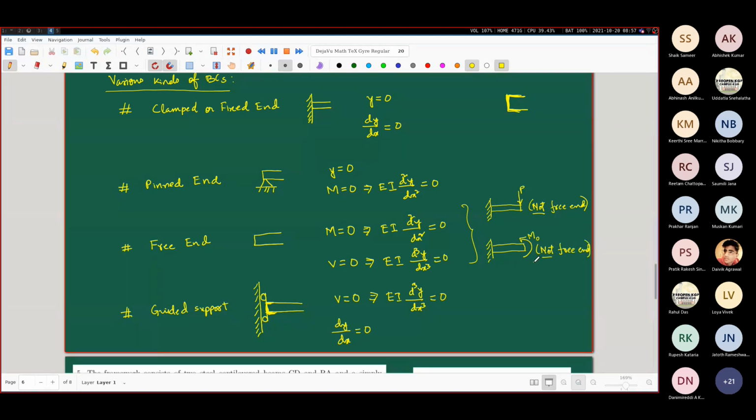It is not a free end because the other condition associated with a free end is that M should be equal to 0, and that is not true here. The bending moment at this end is constrained, or given to be equal to M naught. So this M naught is certainly not 0. So this is not a free end.